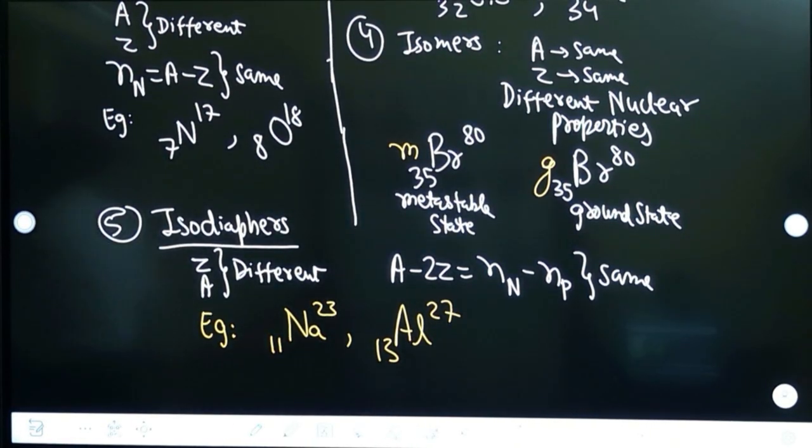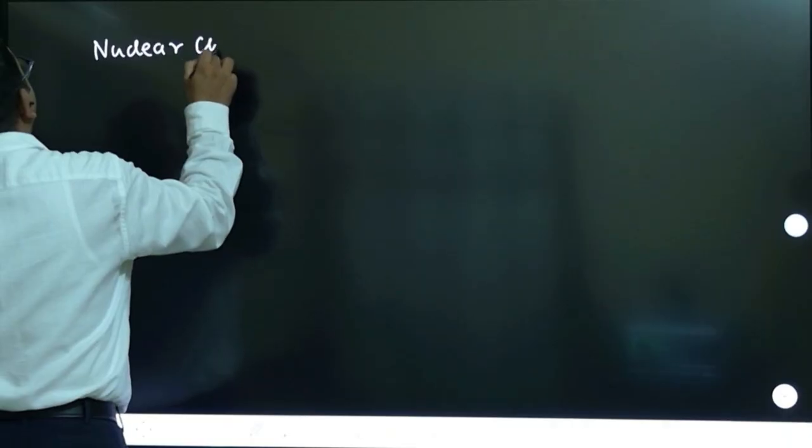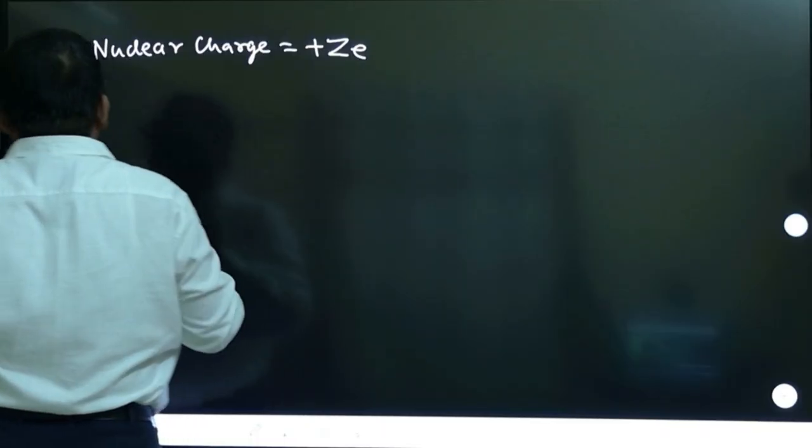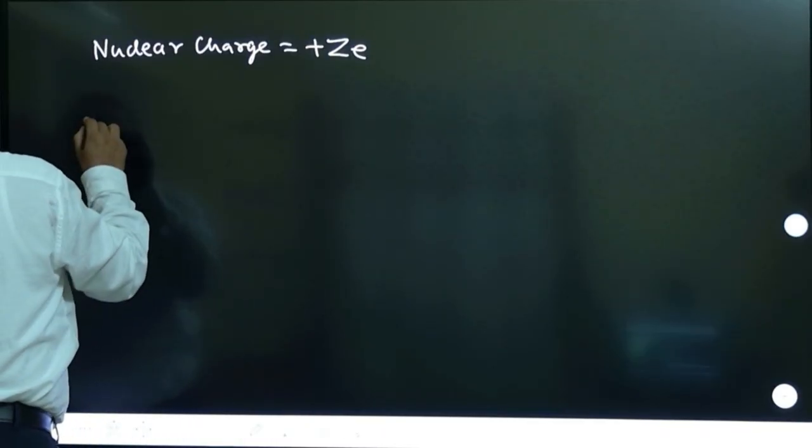Okay, next. What is the charge of a nucleus? Now we are going into the nucleus, because we have gone through proton and neutron first. So nuclear charge is equal to plus Ze, that we already know. Nuclear size.